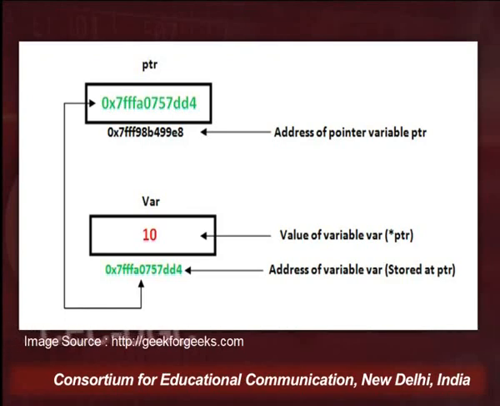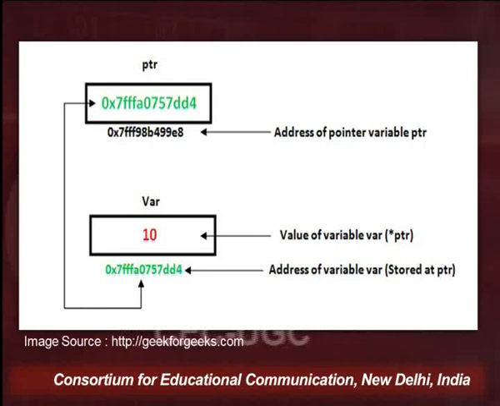So with PTR also you have three things associated. One is the name, which is PTR. Another is the value of PTR, which is the address of VAR, another variable. And the third is the address of the pointer variable PTR itself. So with every variable there are three things associated.